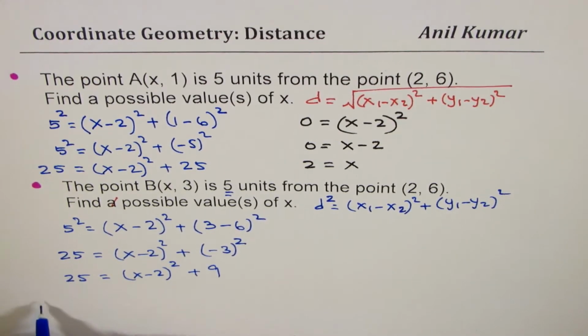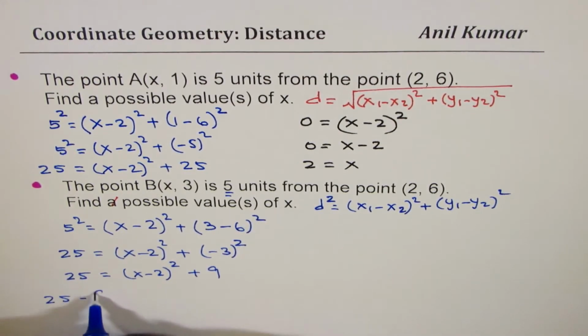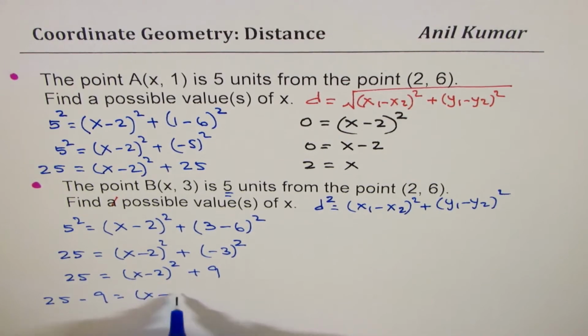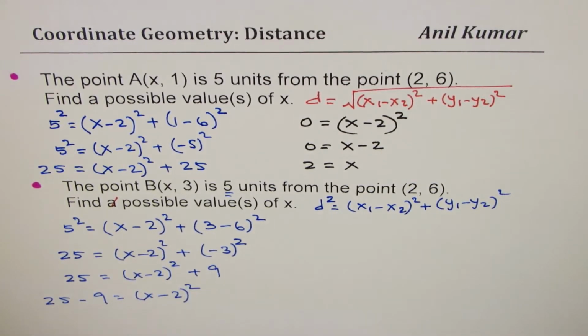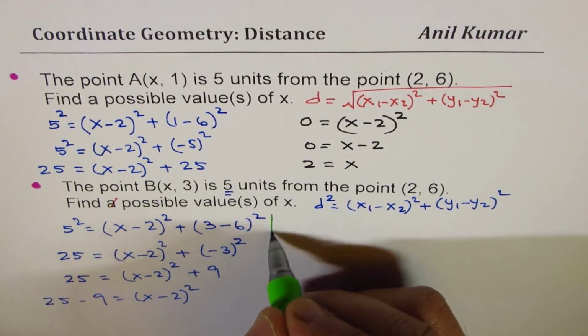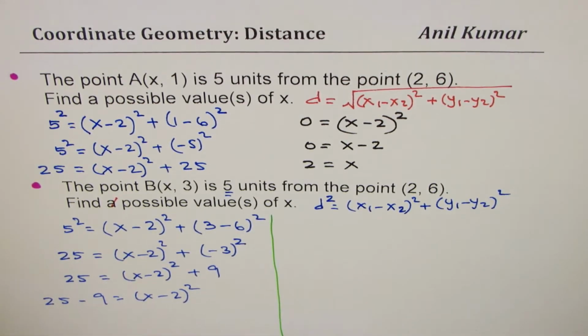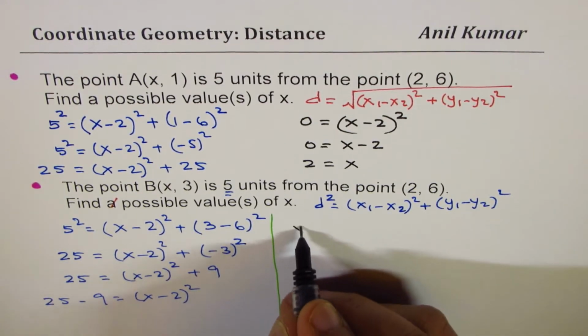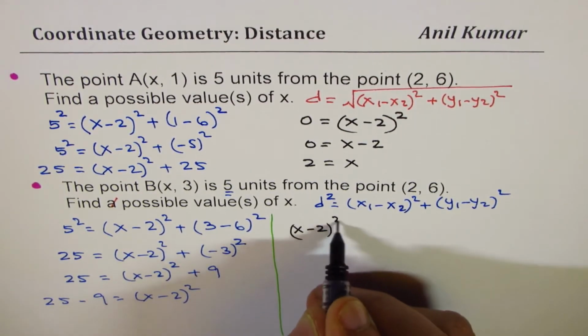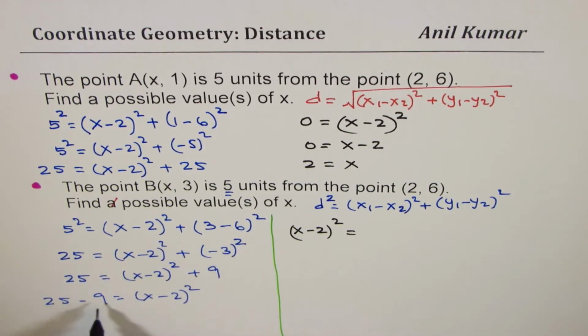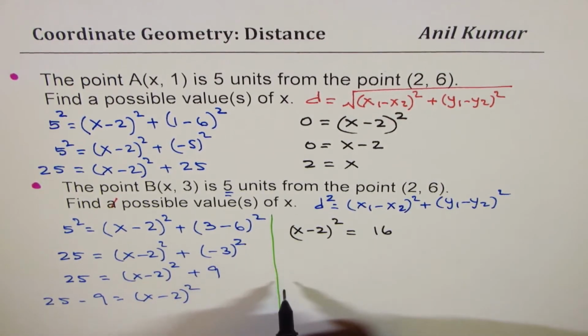Bringing 9 to this side, we get 25 minus 9 equals (x minus 2) whole square. Now let me take it to the right side and then solve. So we get (x minus 2) whole square is equal to 25 minus 9, which is 16.